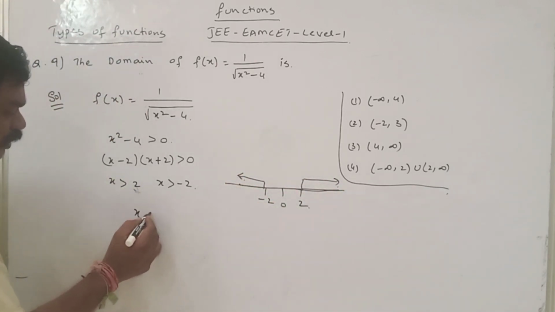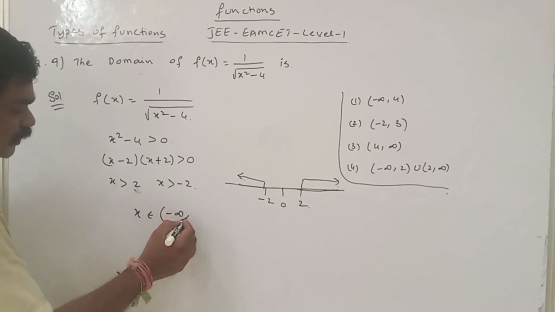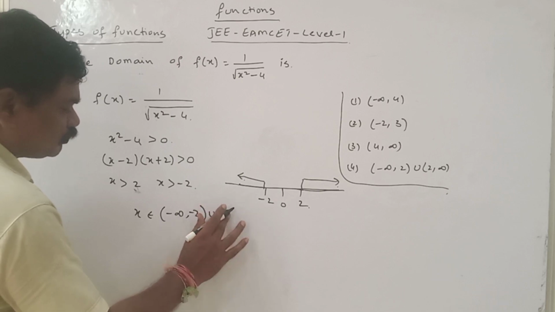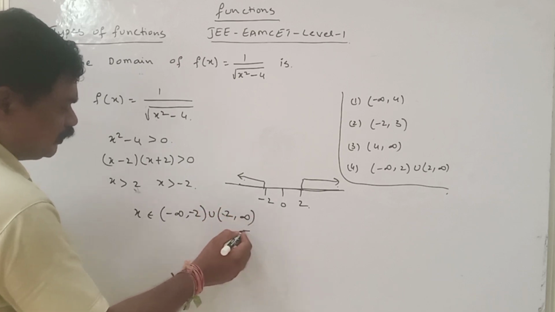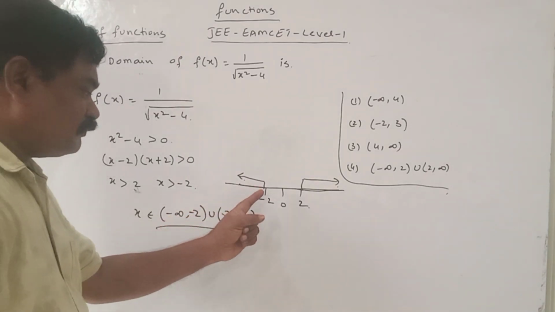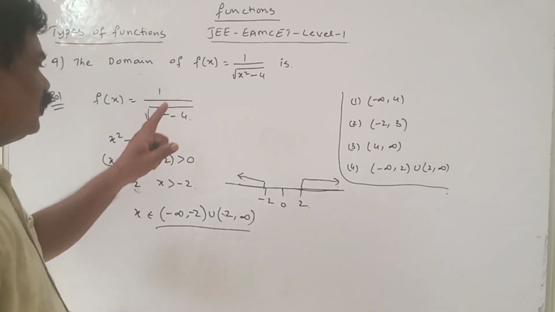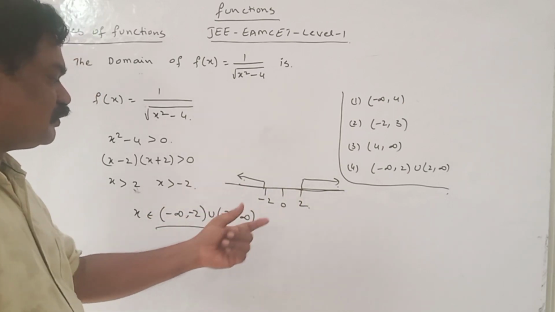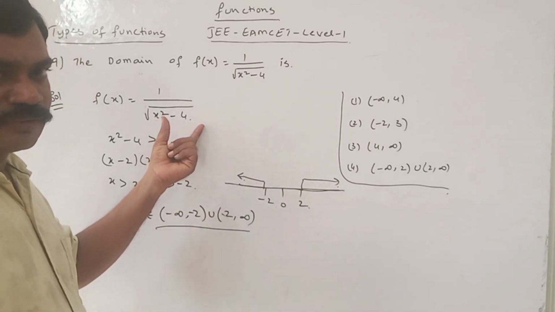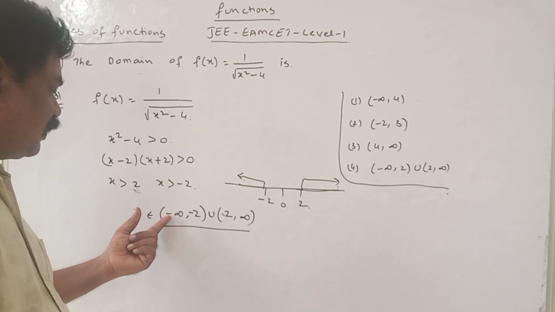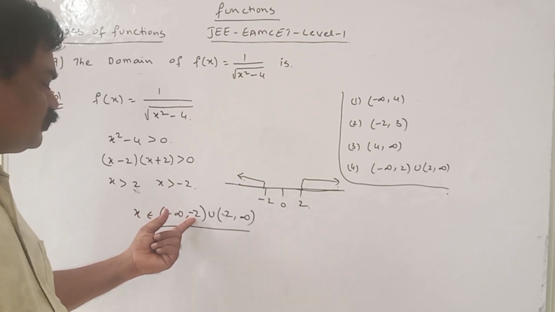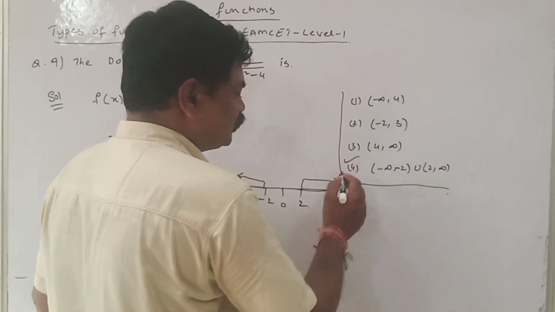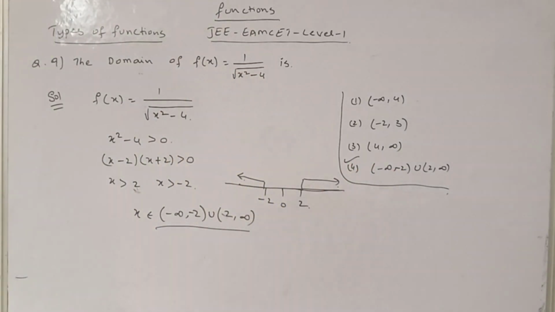So x belongs to minus infinity to minus 2 union 2 to infinity. If x takes a value in between these two, this is negative, and then this is an imaginary number. So we take minus infinity to minus 2 union 2 to infinity. So option 4 is the answer. Okay, all of you, that's all.